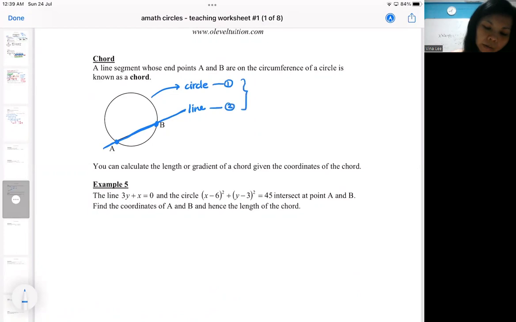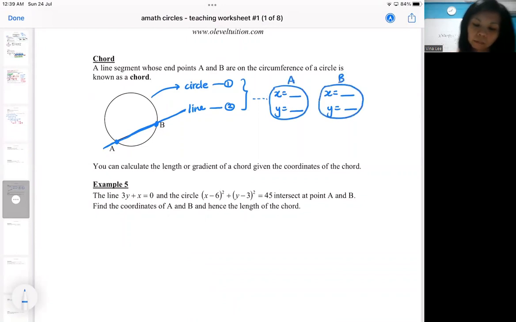So in this case, if you go on to do your simultaneous equations, you are going to get two sets of x. We're going to get two sets of y. So these two sets will form the coordinate A, coordinate B. So you will need to perform simultaneous equations.